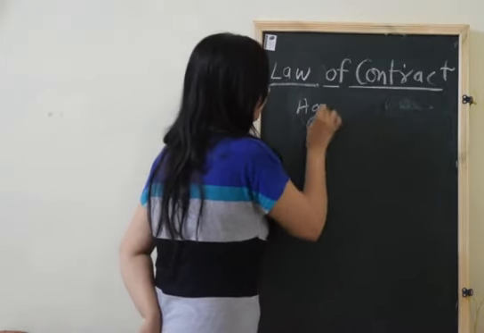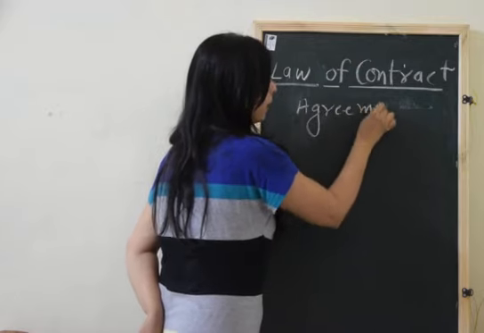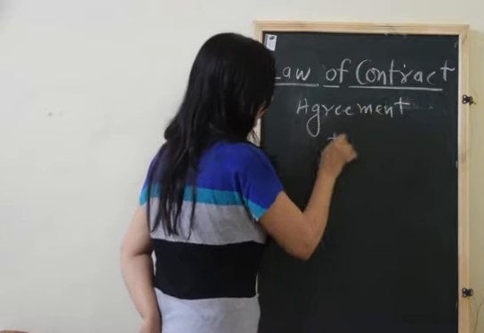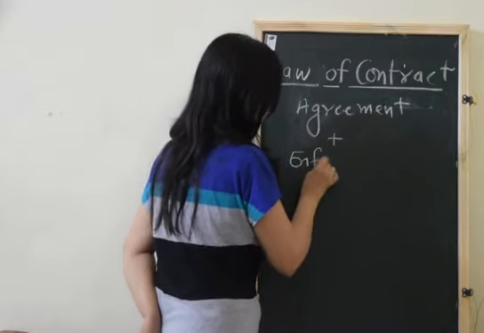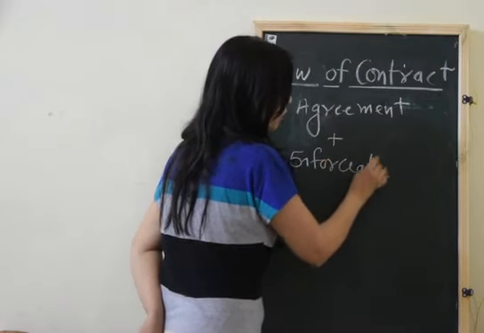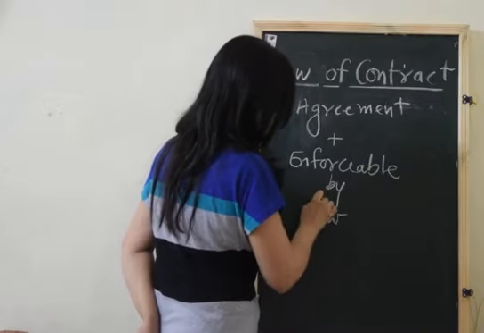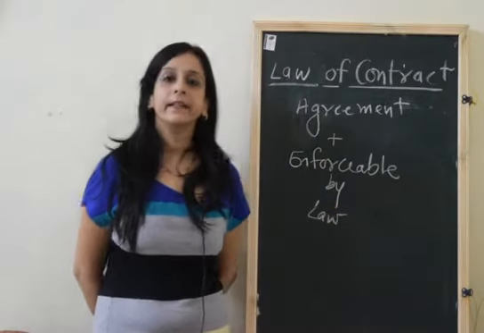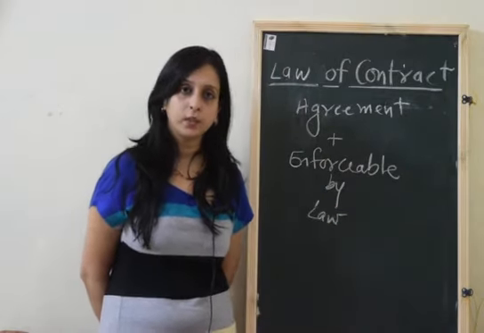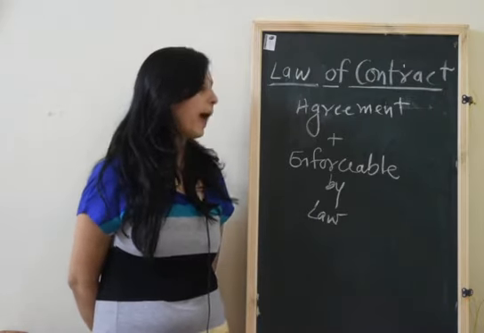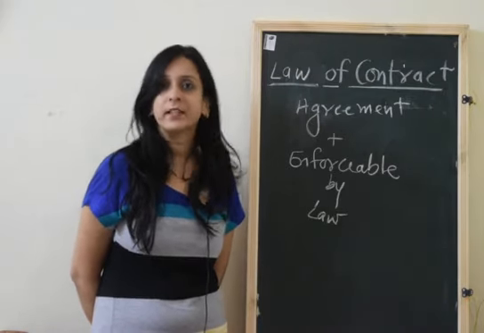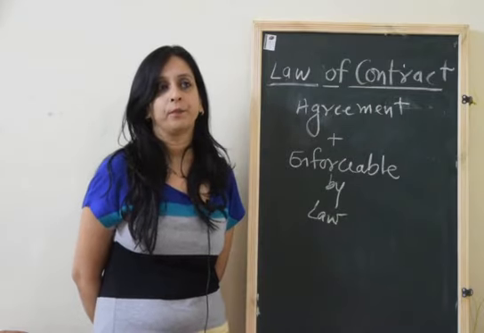The first thing, agreement, and the second thing, enforceable by law. So there are in total two things, agreement and enforceability of that agreement by law.